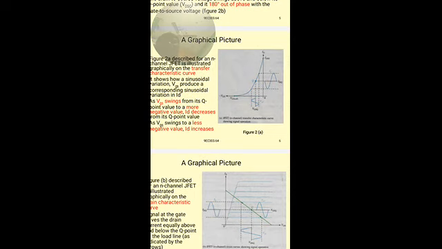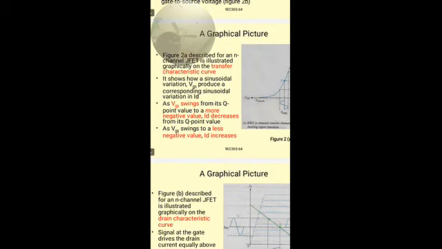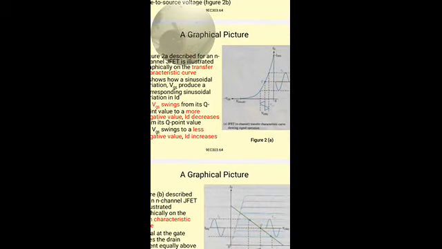So we can represent these waveforms on the transfer and drain characteristics curves. The transfer characteristics curve is plotted between VGS and ID. It shows how a sinusoidal variation of VGS produces a corresponding sinusoidal variation in ID.